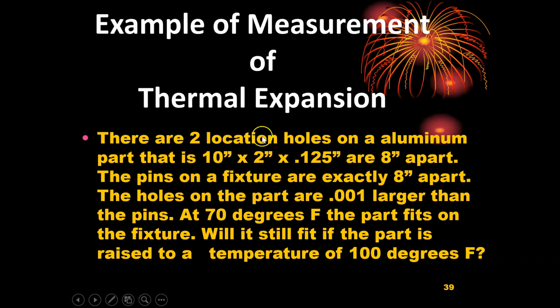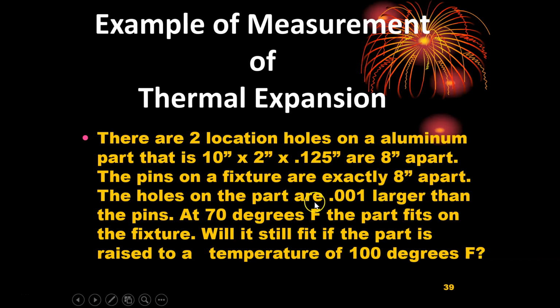So we have a fixture, an aluminum part, that is 10 inches by 2 inches by 125 thick, and the pins on the fixture are exactly 8 inches apart. Okay? The holes on the part are 1/1000ths larger than the pins.